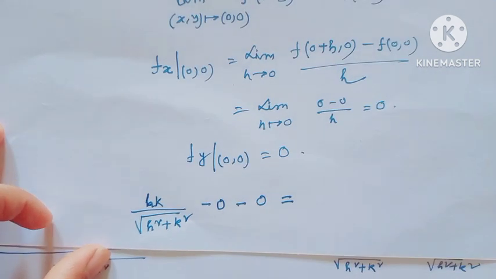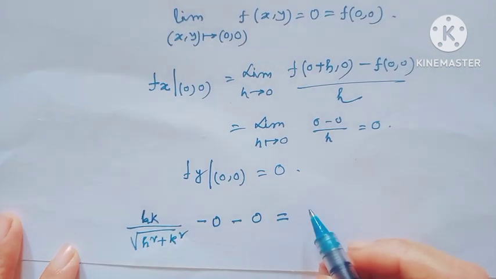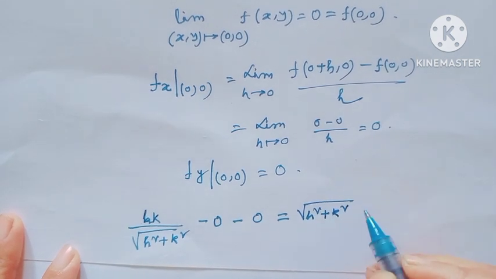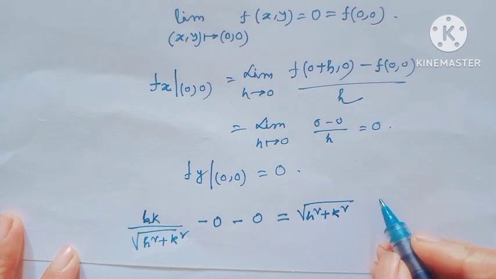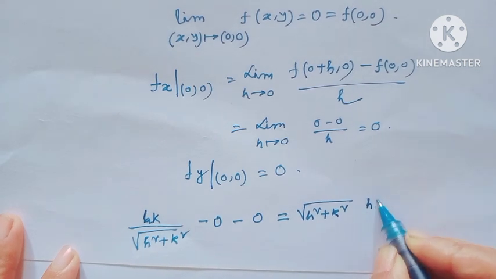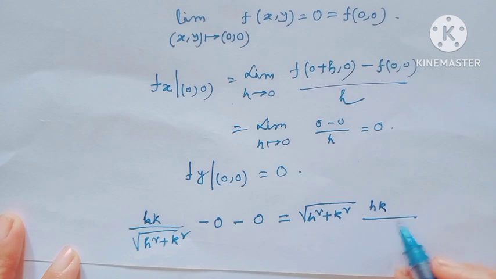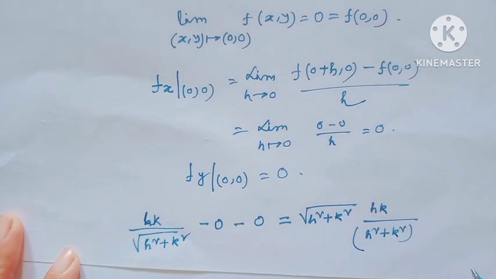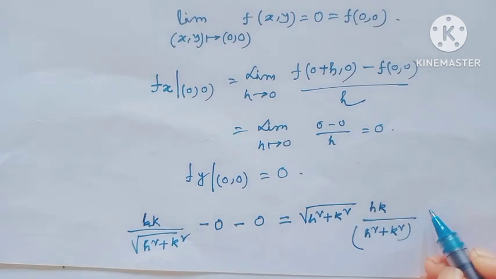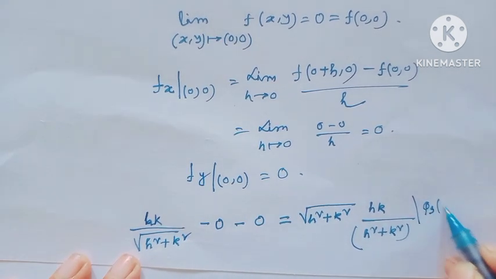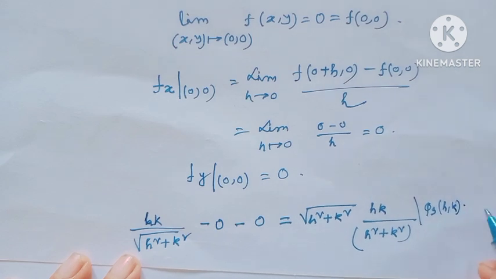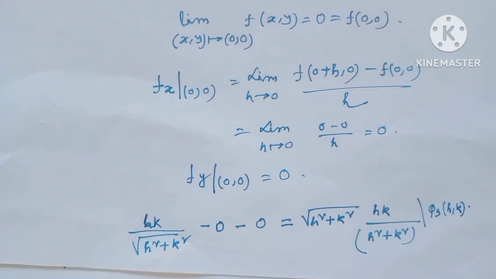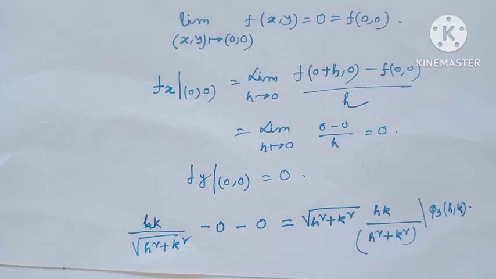If we write this as the square root of h squared plus k squared times phi 3, phi 3 is of this type: hk divided by h squared plus k squared. Now we have to prove that as (h,k) tends to (0,0), this phi 3(h,k) equals 0.